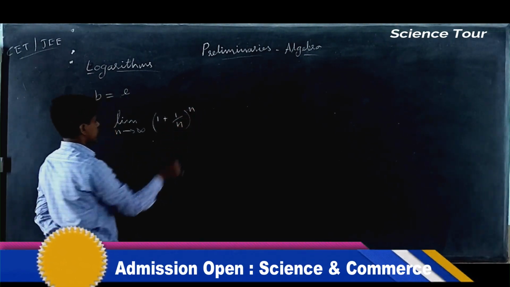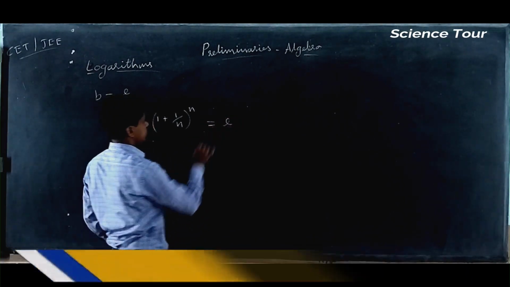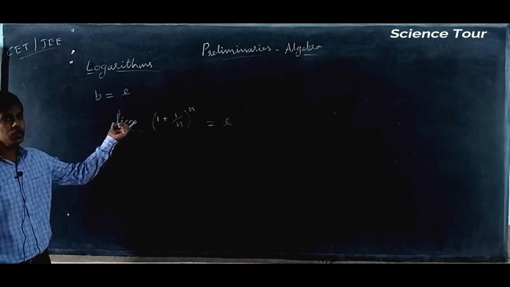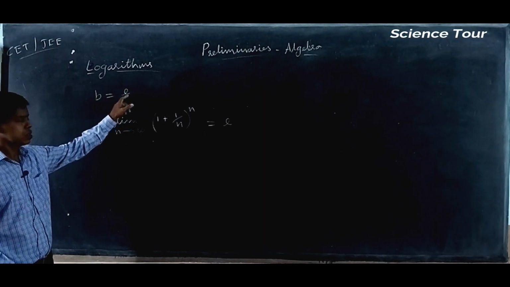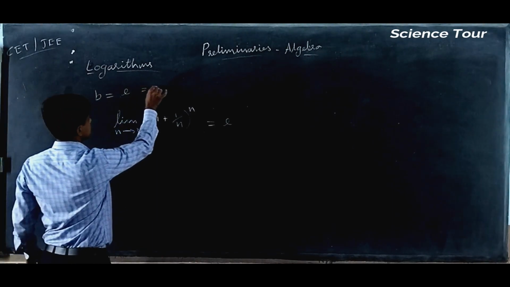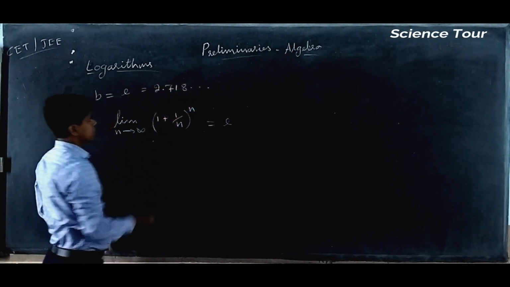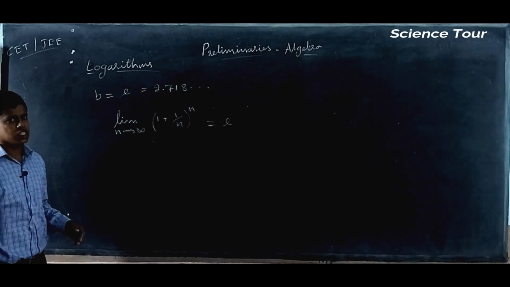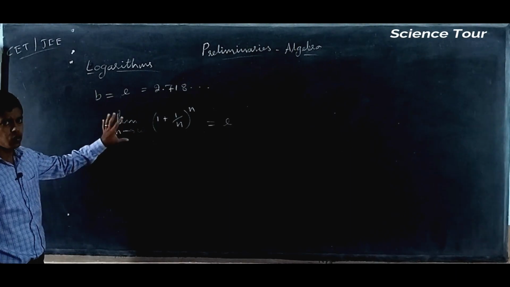So the limit of this quantity is nothing but E. That you will learn when you learn what is limit. Basically the value of E is 2.718, it continues like that. It is an irrational number. Well, and that is one explanation.